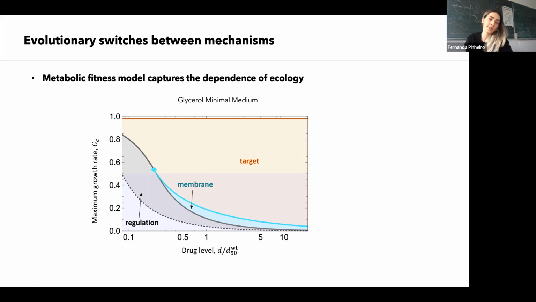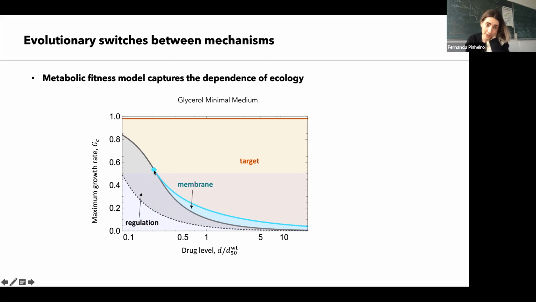So here we just consider a situation where the growth rate of the wild type, which is one in absence of drug, is 1/5 of the growth rate of the wild type in the experiments that we had previously. And as you see, this is a line that would set the limit of detection in the experiment. So we see that the unregulated cell would be super bad here, and then we would have the wild type growing.